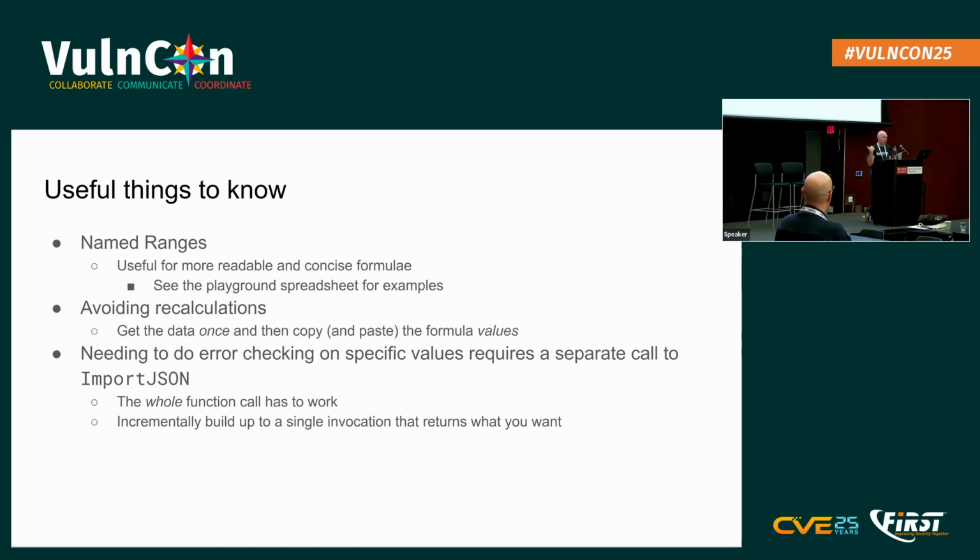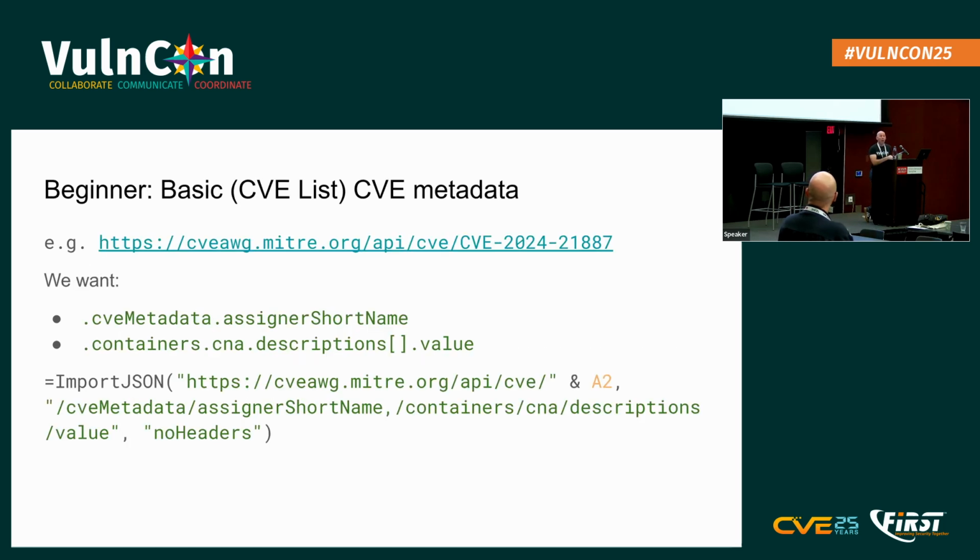So for those more advanced examples, I've got a function call to do what is described here, and then I have to do another function call to get the other fields plus handle errors, or I get to a more advanced one where I'm collapsing vendor and product information into a single cell. You can't do both.